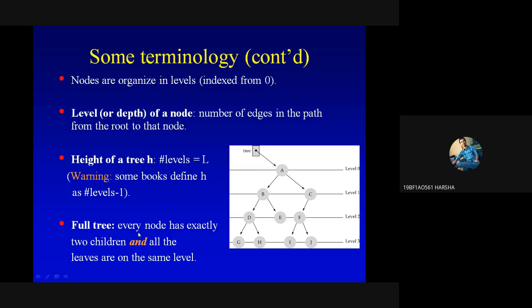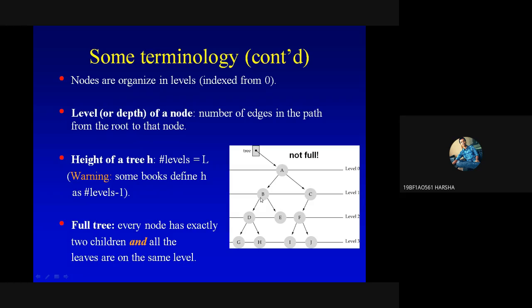A full tree is one where every node has exactly two children and all the leaves are on the same level. Is this a full tree or not? It is not, because see here, E does not have any children.